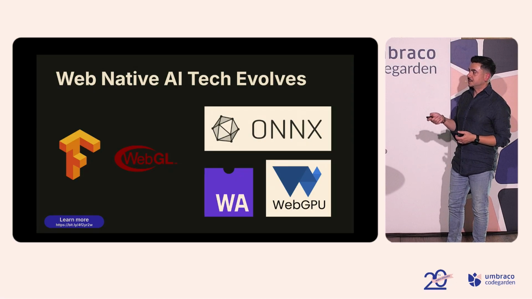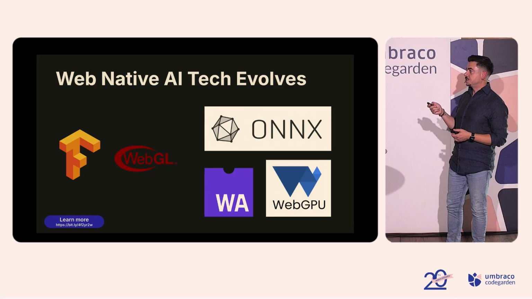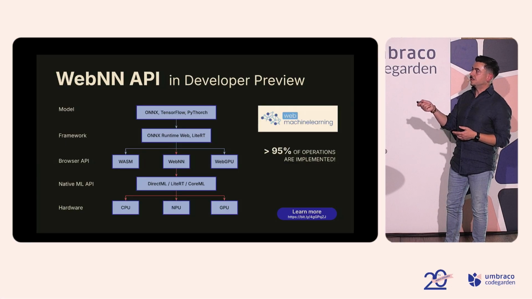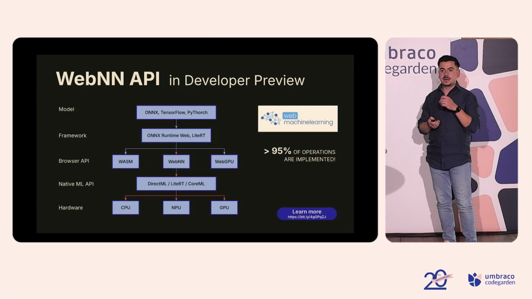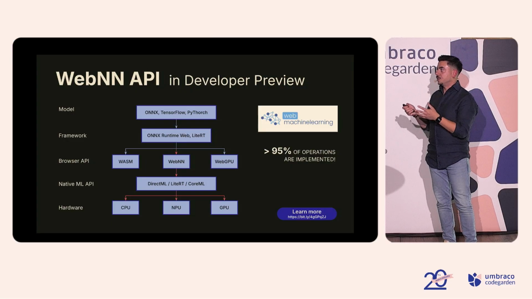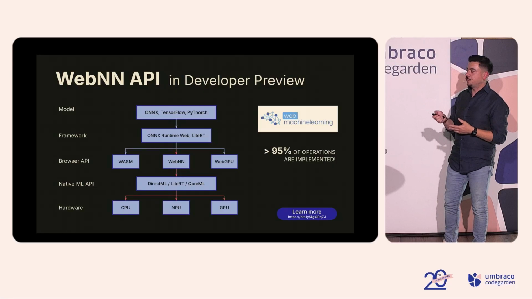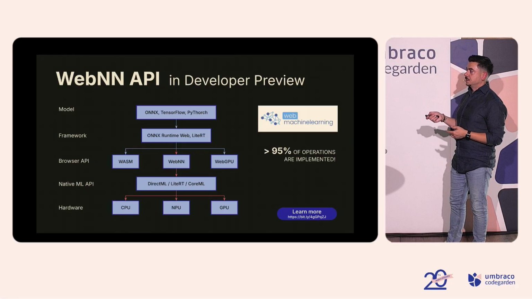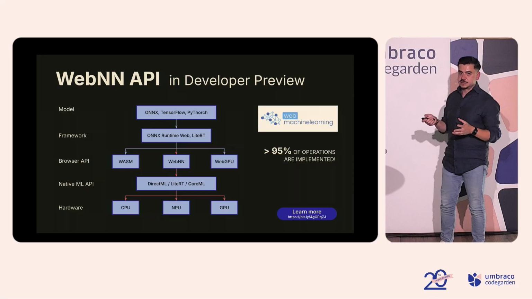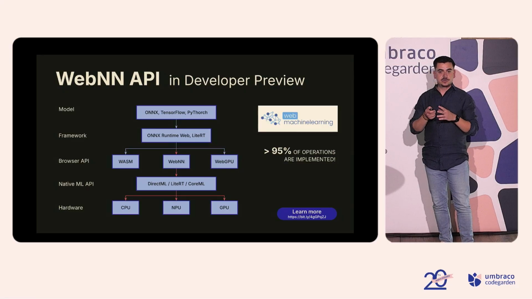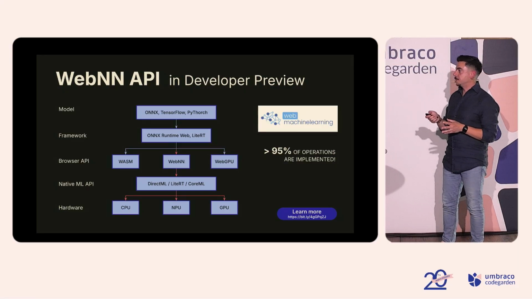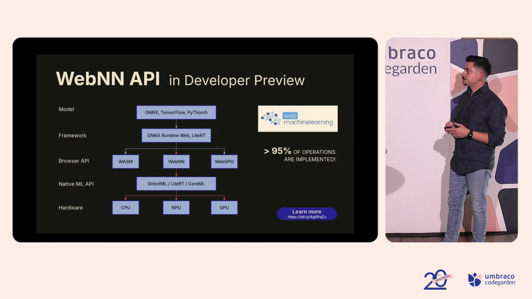And ONNX is a framework which tries to standardize machine learning usage on the web. And this is a new API. This is the Web Neural Network API. It's in developer preview, and it's almost 100% implemented on all the browsers and all the operating systems.